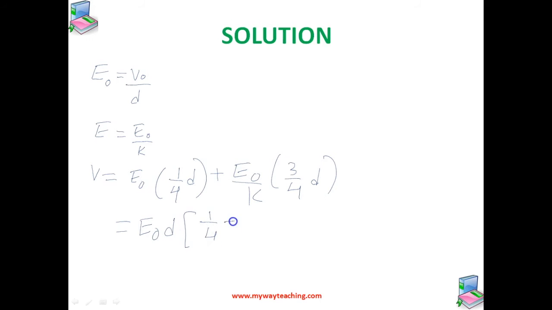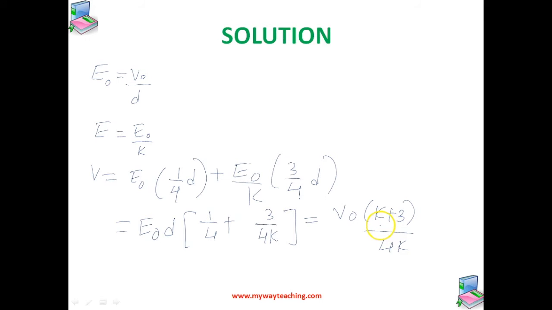So we get 1 by 4 plus 3 by 4K, which is equal to V naught into K plus 3 by 4K.